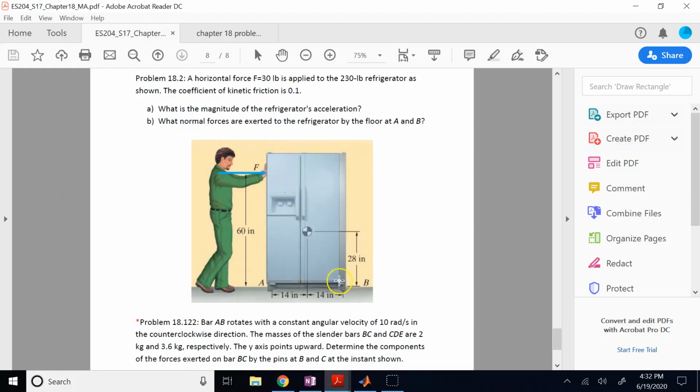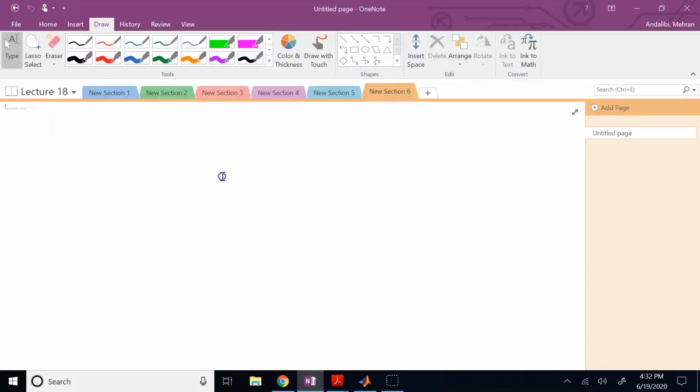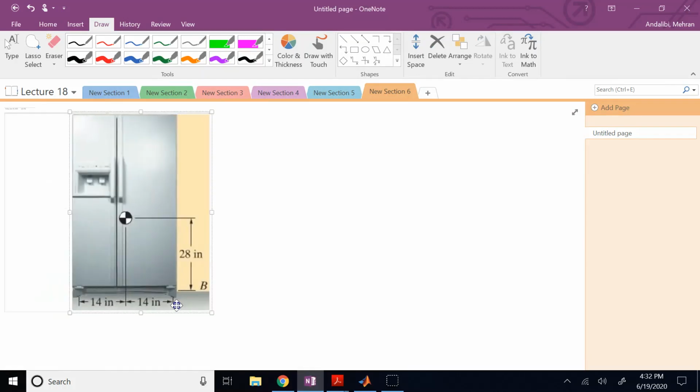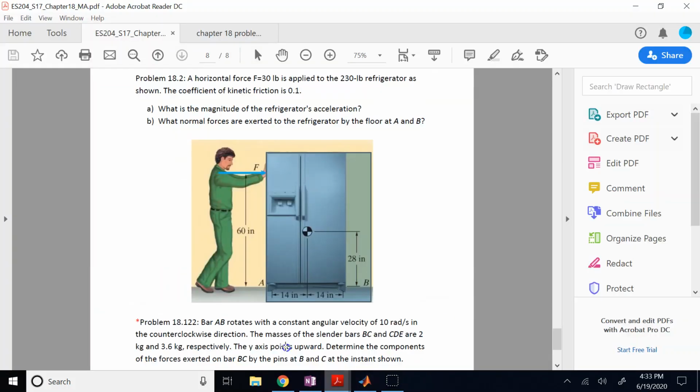And let's see if I can just get the fridge. Okay. So this is the example. And there is a force of 30 pounds. And here when it says pound, it means pound force, of course. Applied. The weight of this is 230 pounds. When it says a fridge of 230, it is pound force.